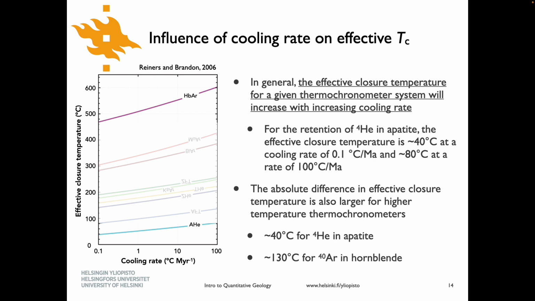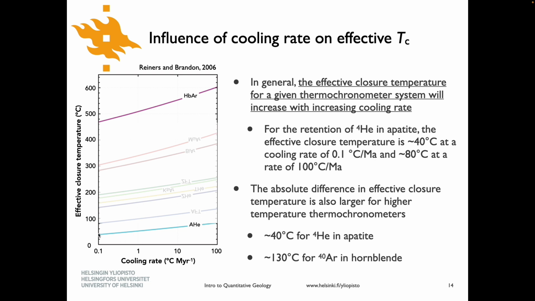So this is a slide from back in lesson 3 when we introduced thermochronology. It showed these different thermochronometers and how this cooling rate effect applied to them. As you can see from the text that's upside down here, I flipped this diagram upside down to compare it to the next figure that's here. But with the Dodson equation we were using in lesson 3 and in exercise 3, what you see is that as the cooling rate goes up, your effective closure temperature also goes up.